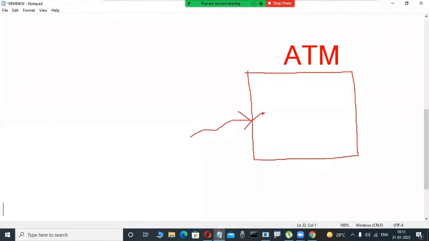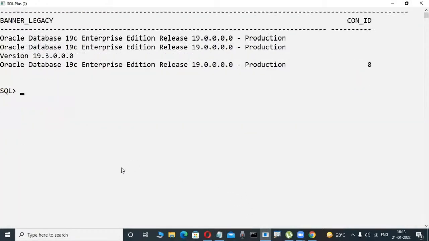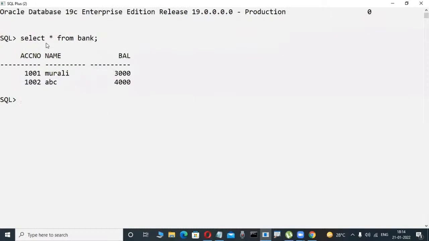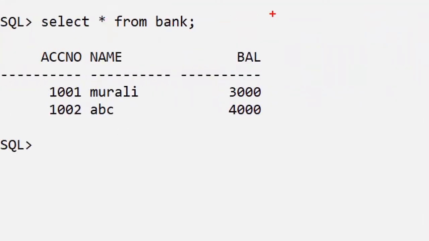Now check it out. Slowly observe the screen. Suppose in this database there is a bank table, for example. Observe the scenario, it is very easy to understand. This is a bank table, and we store the data in table format.